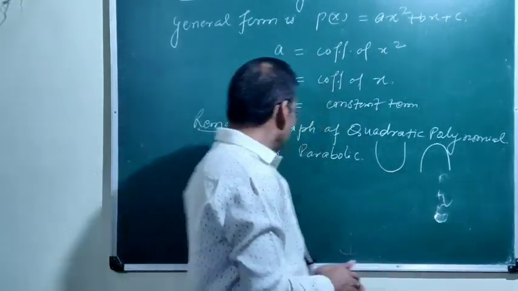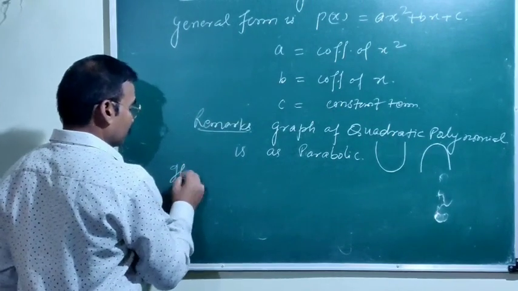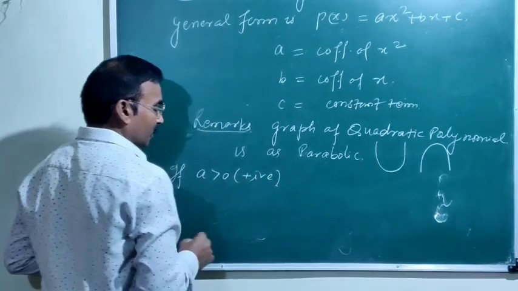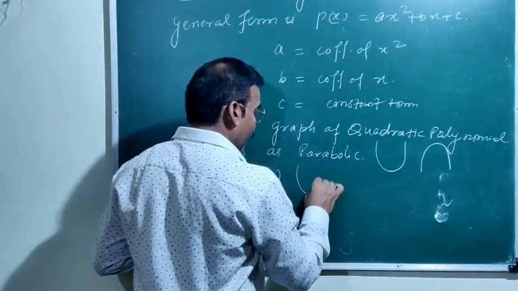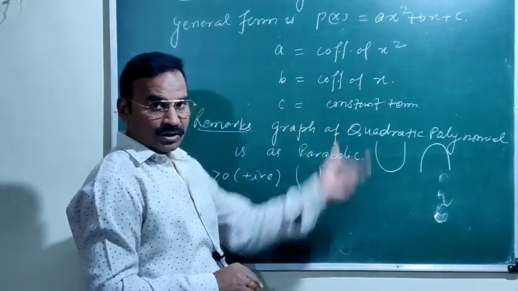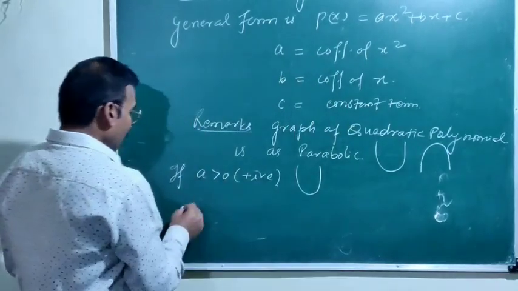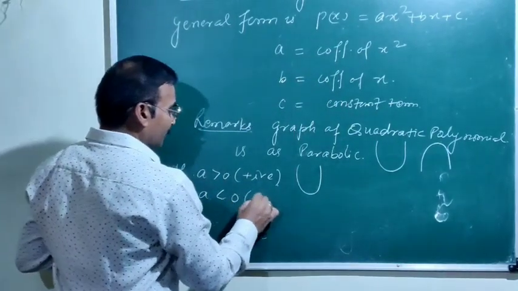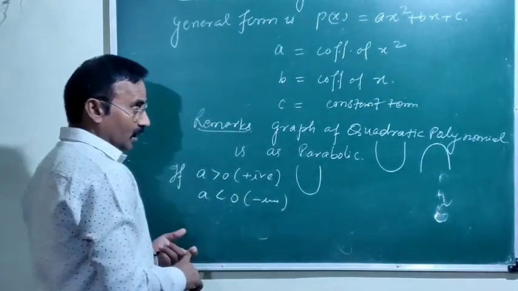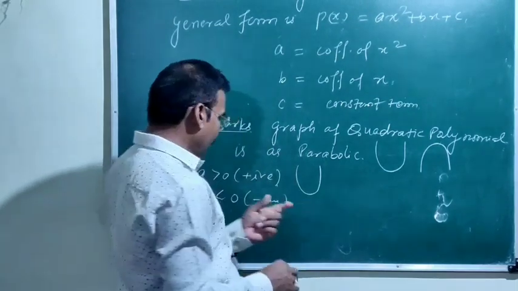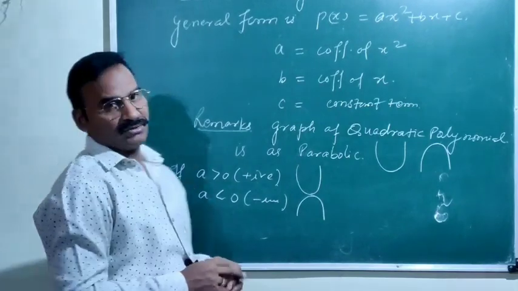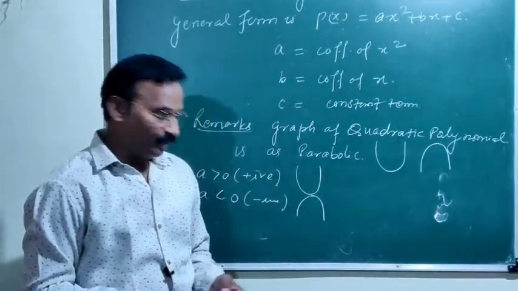Okay, if a greater than 0, means positive, then the graph will be upward. The parabolic direction will be upward toward the positive y-axis. Okay, if a less than 0, means negative, the direction of the parabolic graph is downward, toward the negative direction of the y-axis. Okay, is that clear?